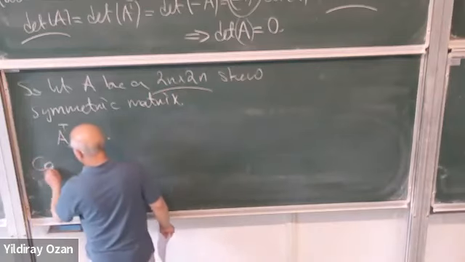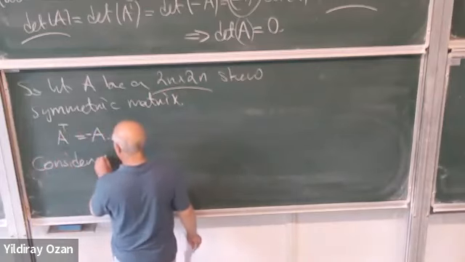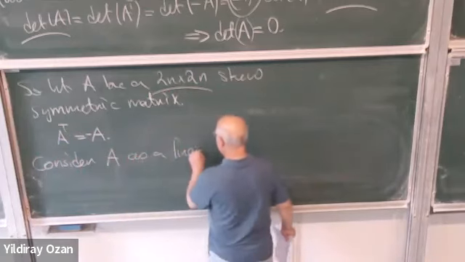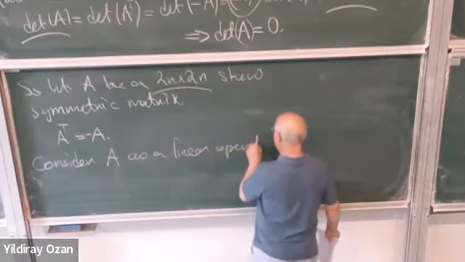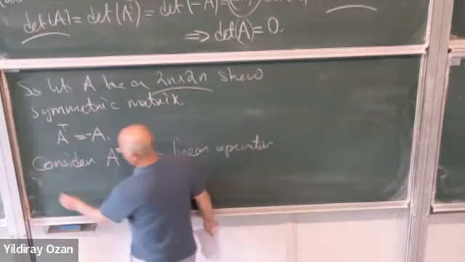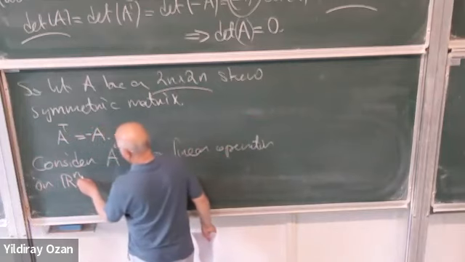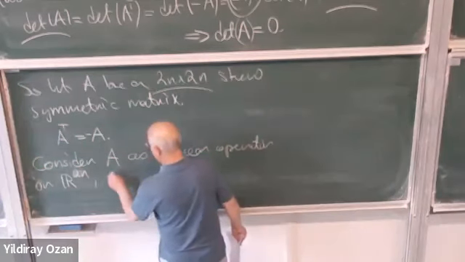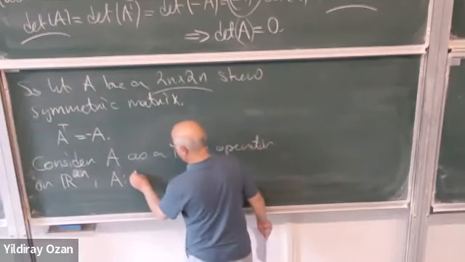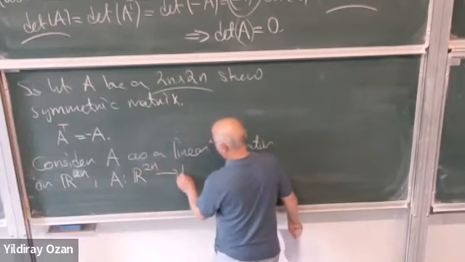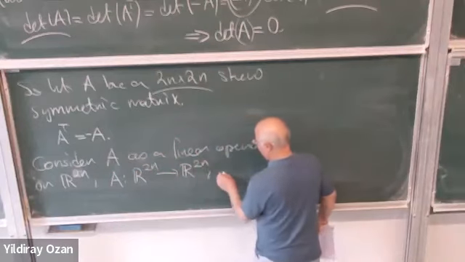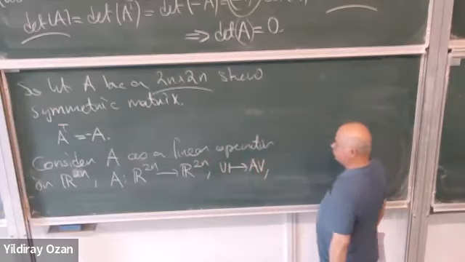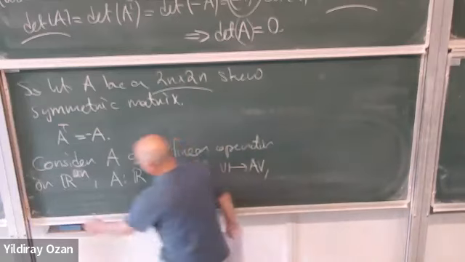Now consider A as a linear operator on R^2n. Şöyle, A'yı linear operatör gibi görüyorum, R^2n'den R^2n'e. Bir tane vektör alıyoruz and just send it to matrix multiplication by that.